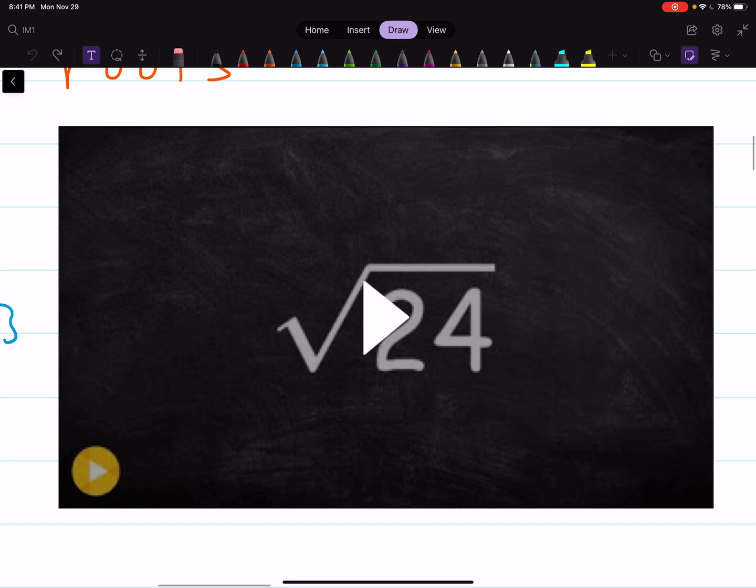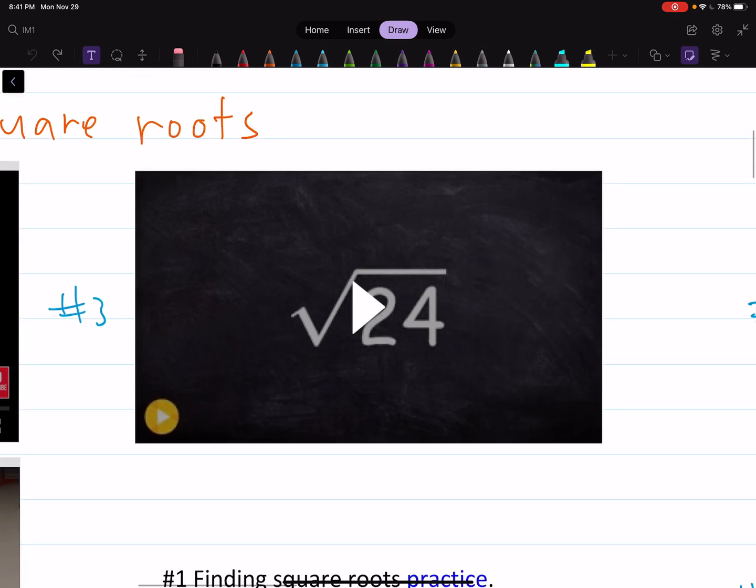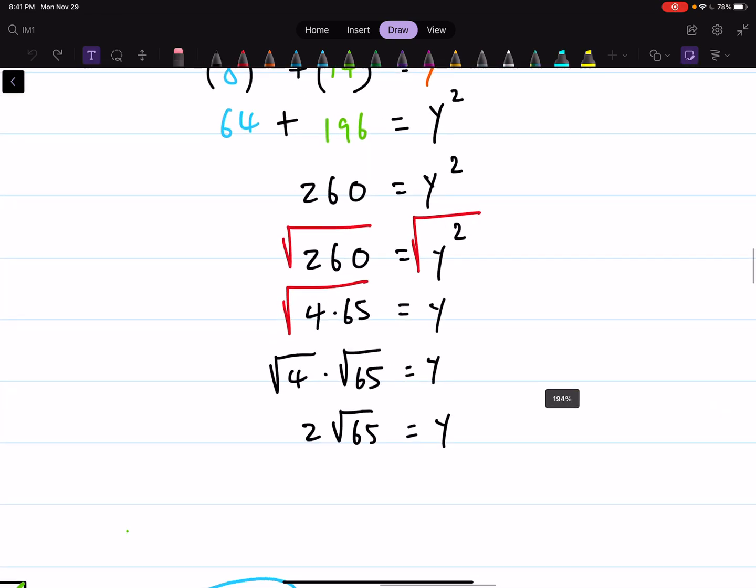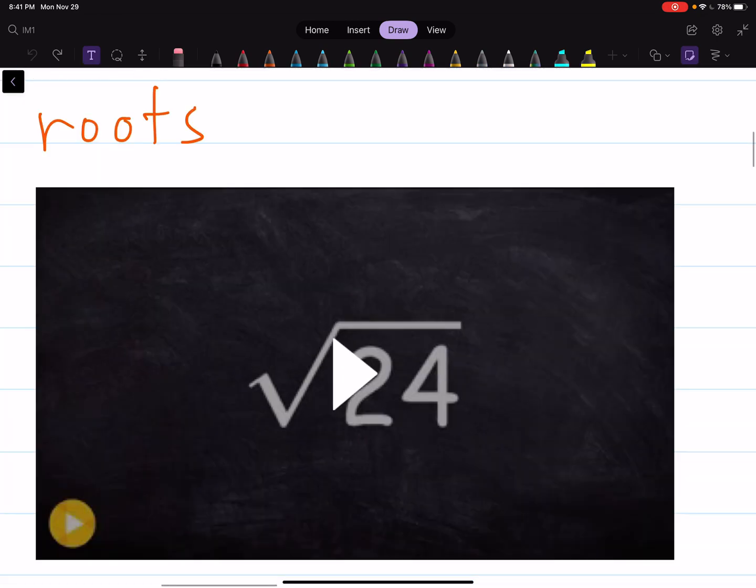This one is simplifying square roots, and as you can see, we got the square root of 24, and this number 3 video is going to help you with this one here, right? We have to simplify the square root, because it can be simplified into a simpler form, which is 2 square root of 65. So this video is going to be helpful for that.